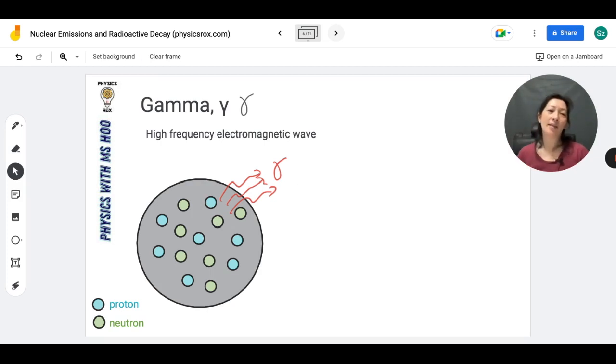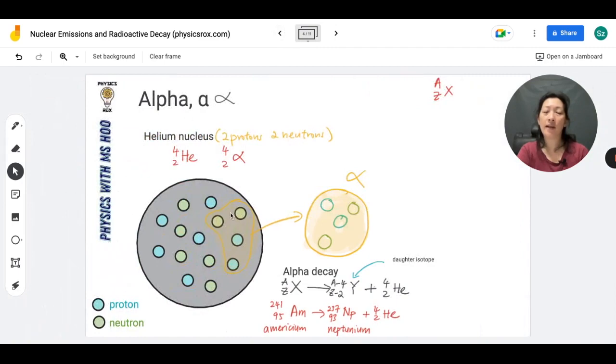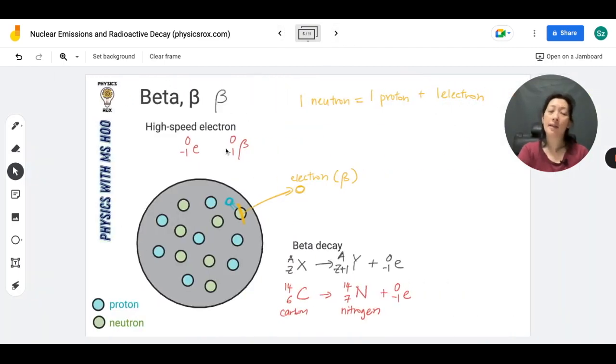Gamma rays normally are not emitted on their own. Gamma rays are normally accompanying the release of alpha or beta. That means as a radioisotope is releasing alpha, it may also release gamma at the same time. Or if it's releasing beta, it may also release gamma at the same time.